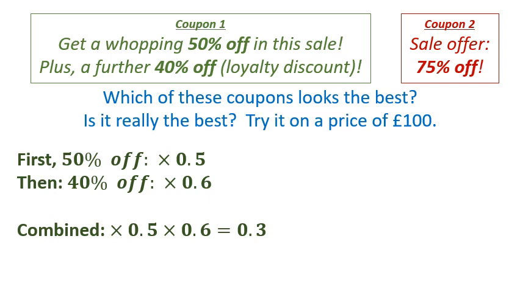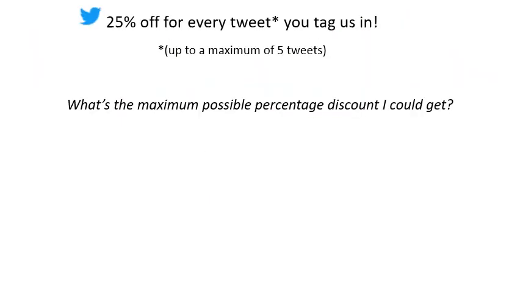So in this case, you'd be better off with coupon number 2. You'd save 75% instead of only saving 70%. And that's true regardless of the price. I was able to do this without even thinking about £100 by considering the effect of a 50% decrease followed by a 40% decrease and just combining the two multipliers together.